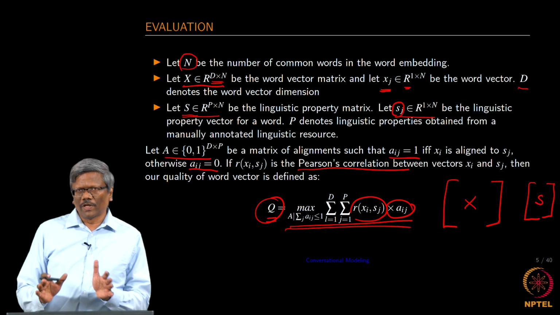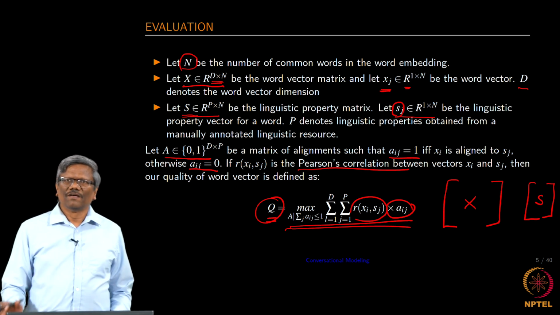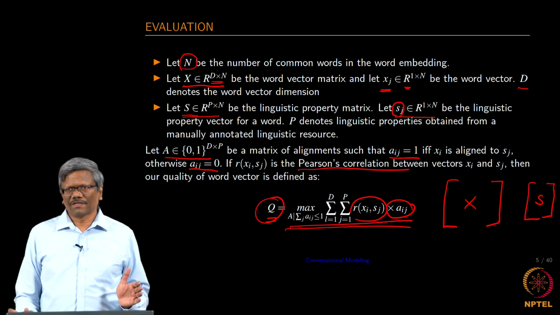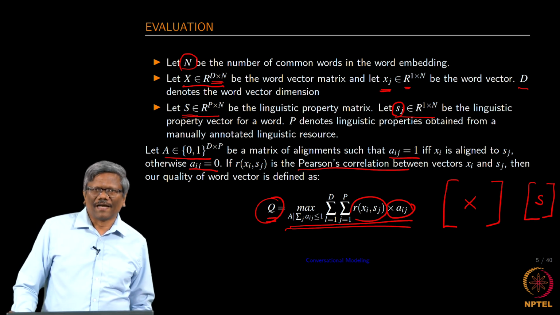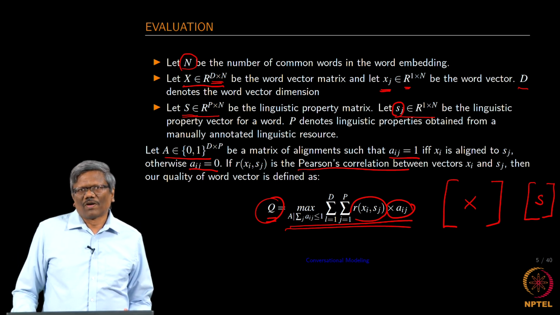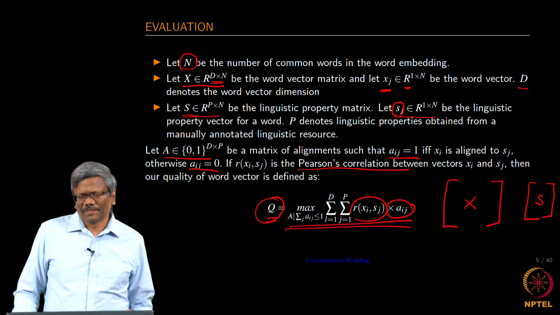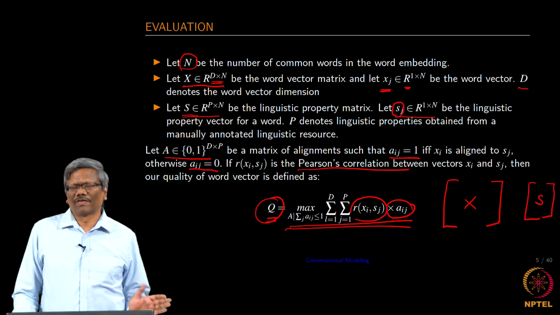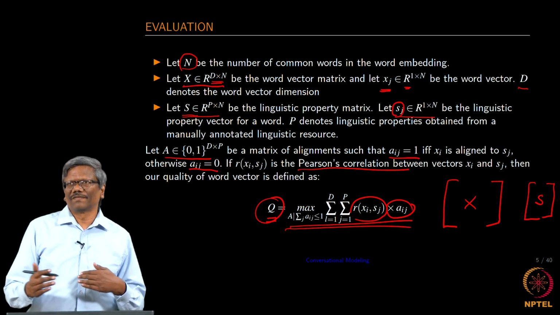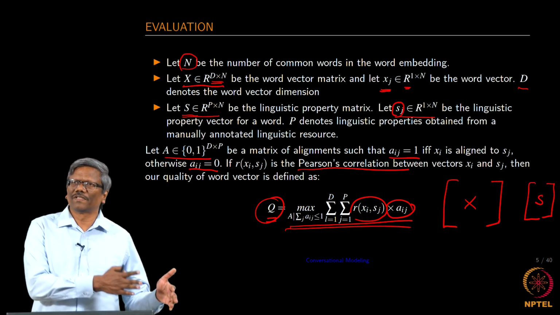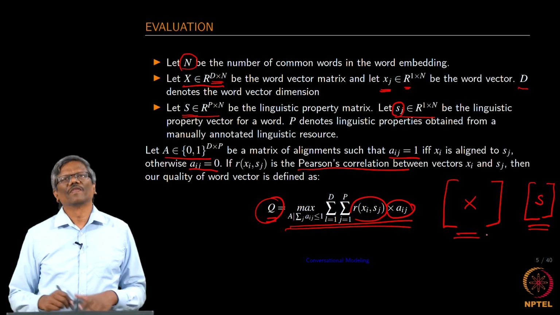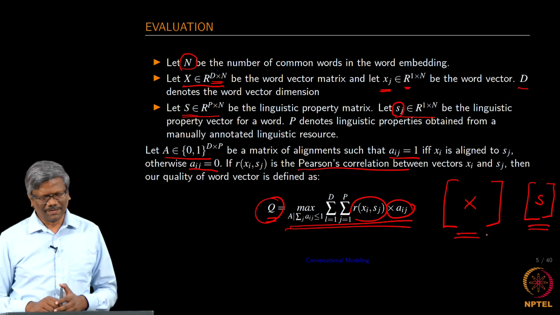So this is one of the methods of evaluating word vectors. You have a set of vectors coming from the linguist which are manually tagged, and then the word vectors coming from the skipgram model, the CBOW model, HAL, Coals or GloVe, and you use a correlation method for the common words found in both the linguist matrix as well as the matrix obtained from these methods.